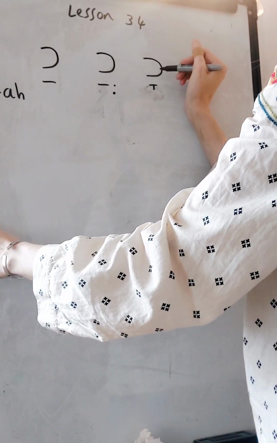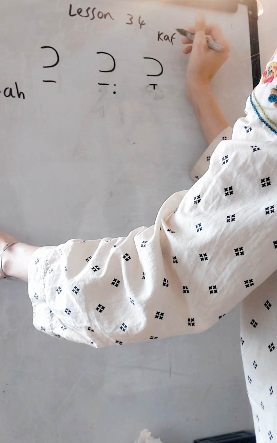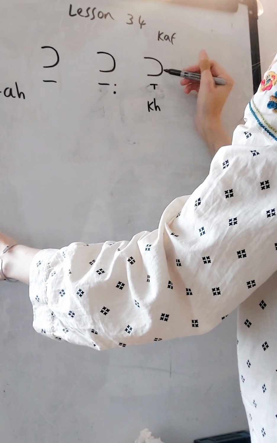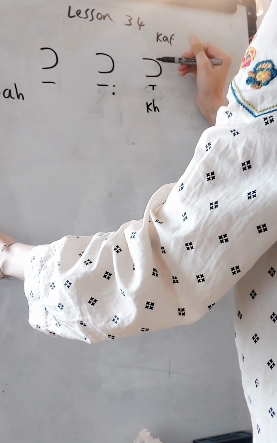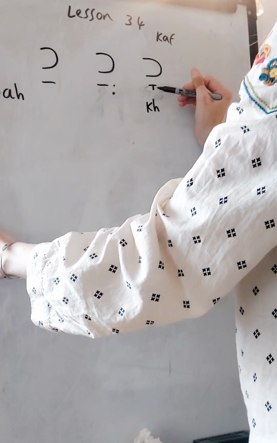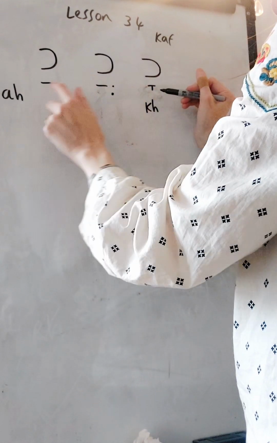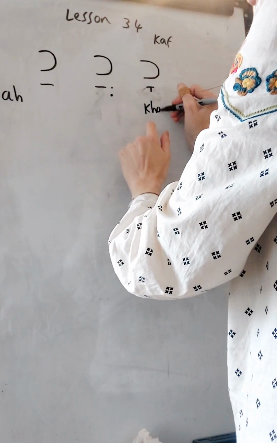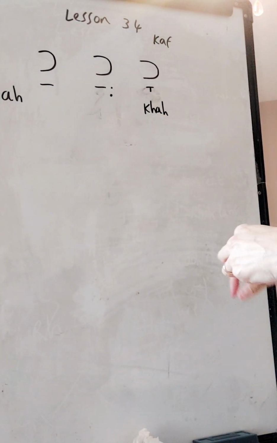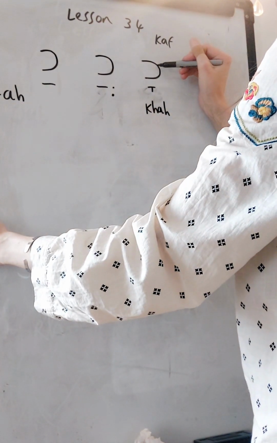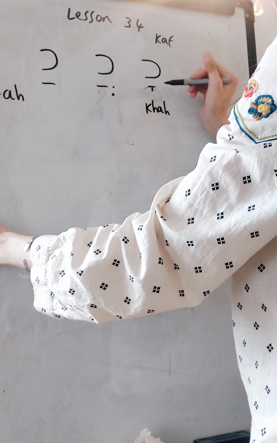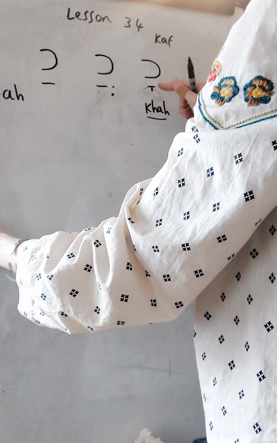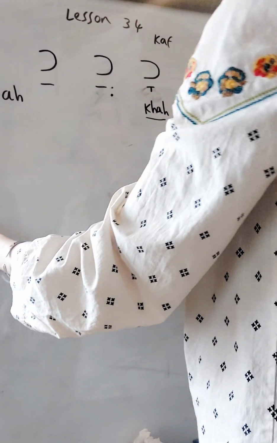We've just learned this letter is the khaf, and it sounds as kha. So you write the sound of the letter, then the sound of the vowel, and you put them together: kha. Each of these would read the same, kha, kha, kha.